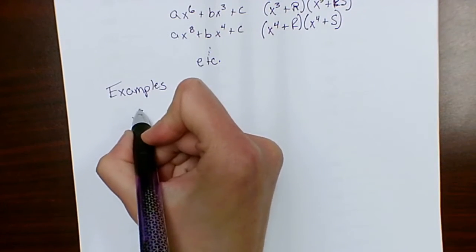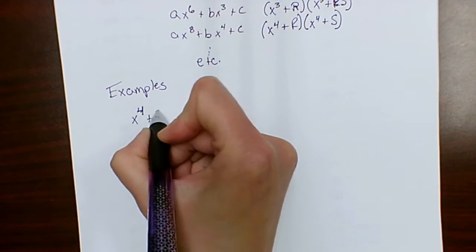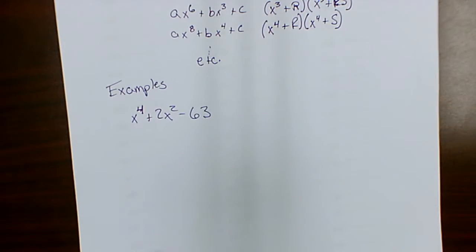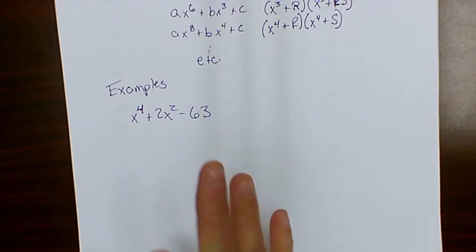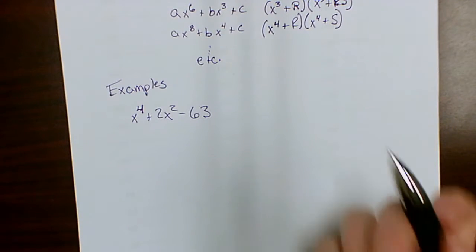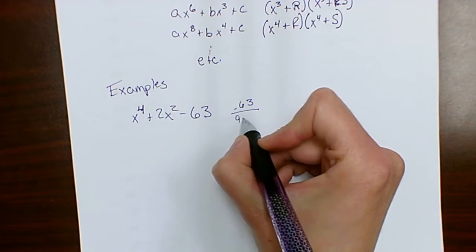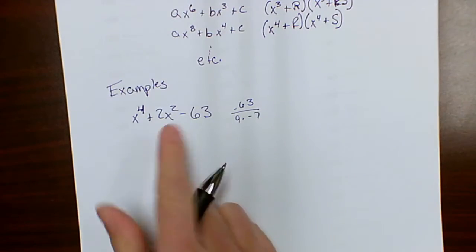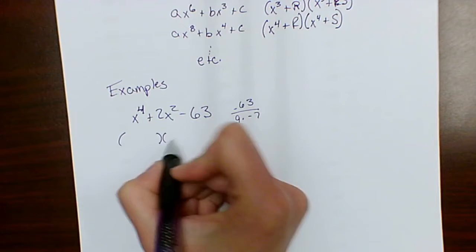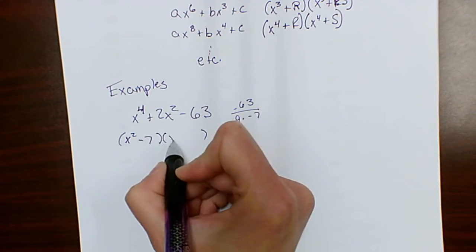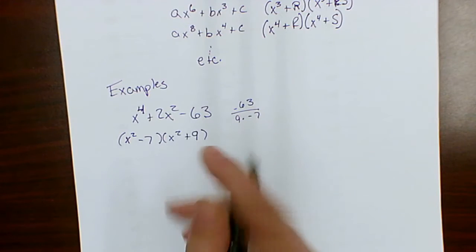So x to the fourth plus 2x squared minus 63. Factor this like it was x squared. So 63, that would be 9 times negative 7 to give us our positive 2. So we'll have x squared minus 7 and x squared plus 9.